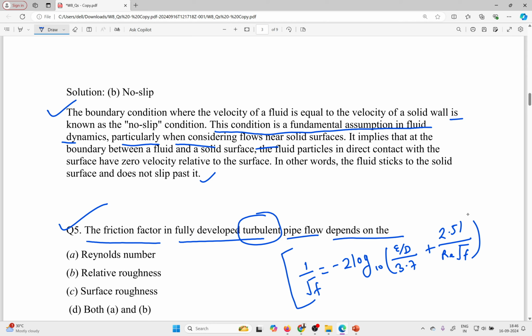So this is the formula for calculating the friction factor in case of turbulent flow.